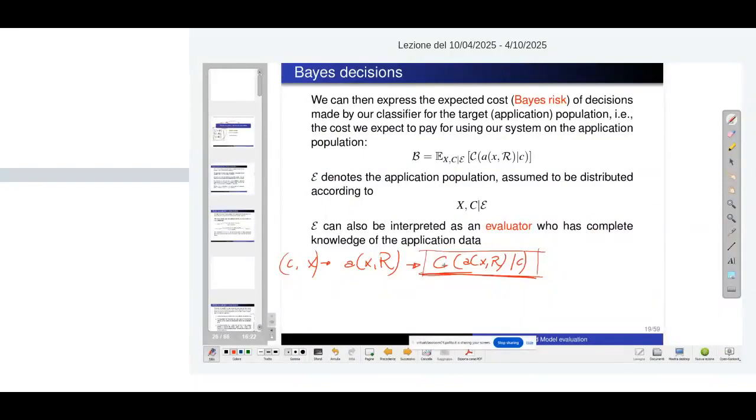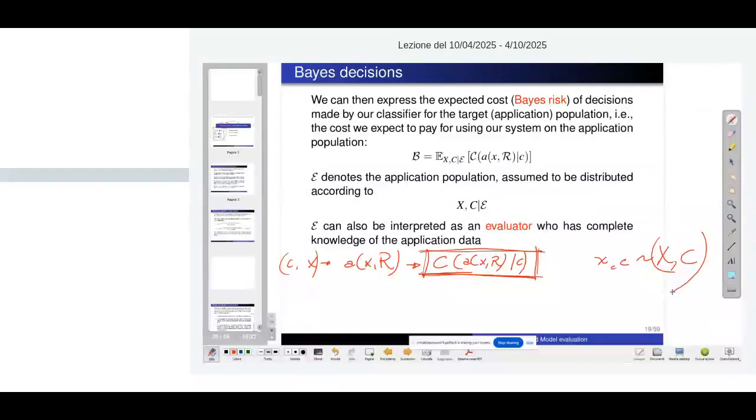Now, how do I evaluate the performance of my classifier? If making a classification has a cost, then given a sample X from class C, this is the cost that I will pay if I use my classifier. I can try to measure the cost that I will pay if I apply my classifier to application data that is drawn from the application population.